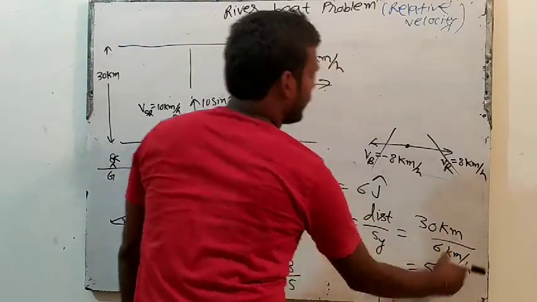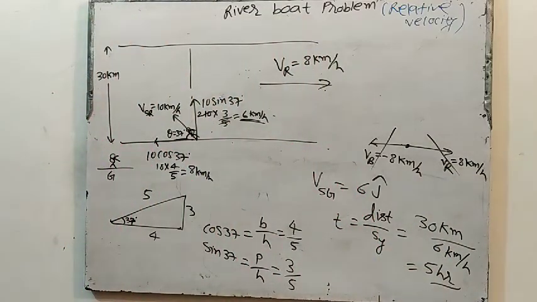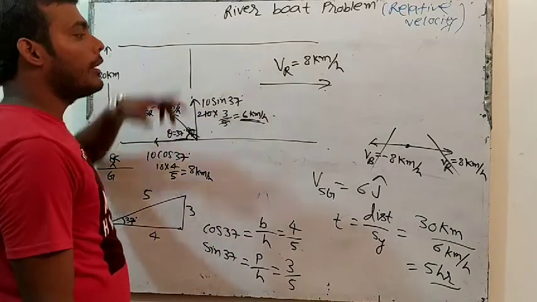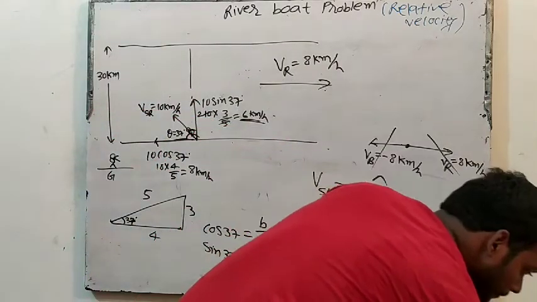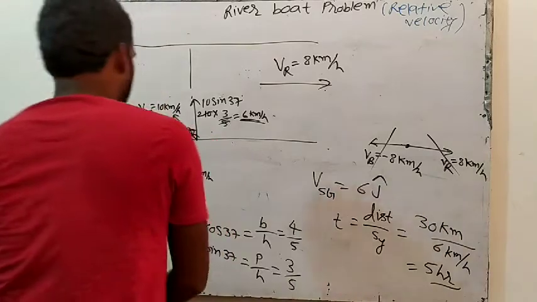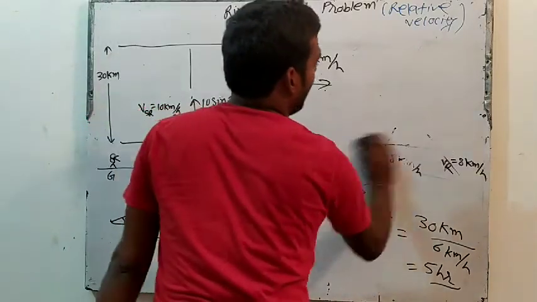So how much time will they take? 5 hours, since kilometer will be cancelled. So Bahubali will take 5 hours to cross the river. The first question answer is 5 hours.